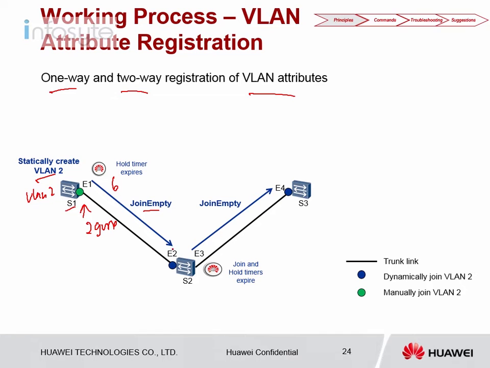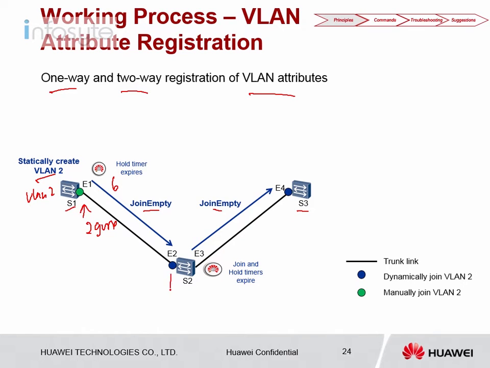The first one is going to be sent to S2, then when the hold timer expires again, it is going to send a second join empty to S2. Alright, so when S2 receives the first join message, again the hold timer starts counting, and after 6 seconds, which is the hold timer, it is going to send this join empty again to E4, which is on switch 3.